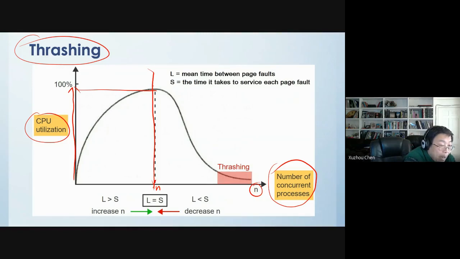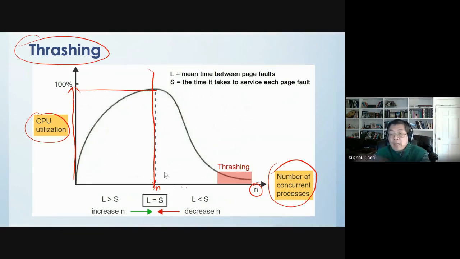But after you pass this number, the more programs you load, the more you reduce the CPU utilization, because most of the time the CPU is busy handling page faults. Doing page faults does not contribute anything meaningful.